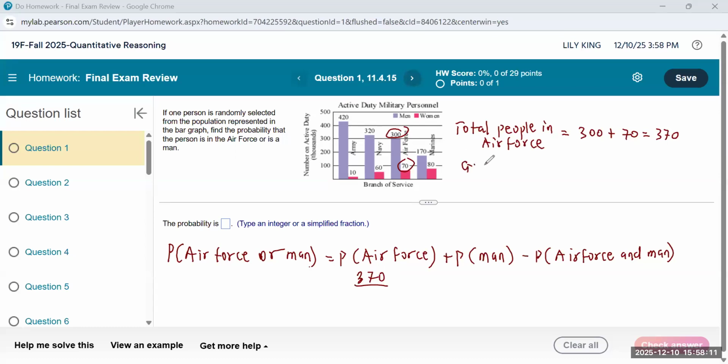Now, we also need to find a grand total, because that is what we're going to divide the 370 by.